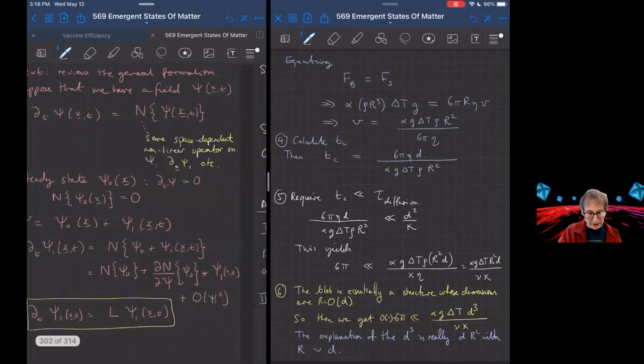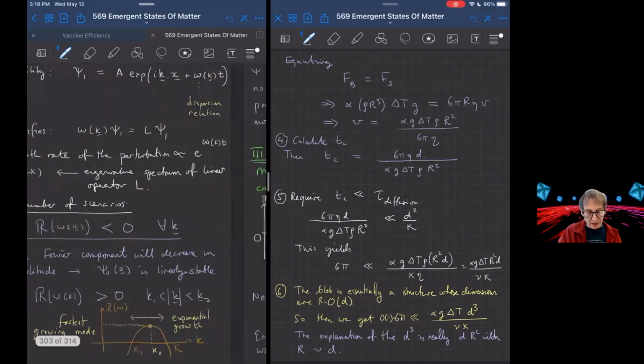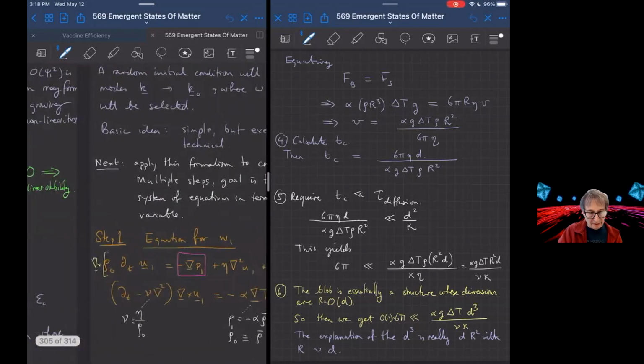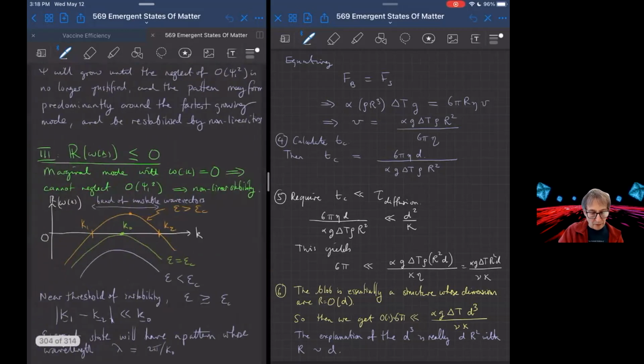I spent a lot of the lecture explaining how we do that, and in particular explaining the idea that we have different scenarios for the behavior of the system as a function of the control parameter, in this case the temperature difference between the plates. As the real part of the stability operator's eigenvalue omega k becomes positive, that causes the uniform steady state to have a linear instability.